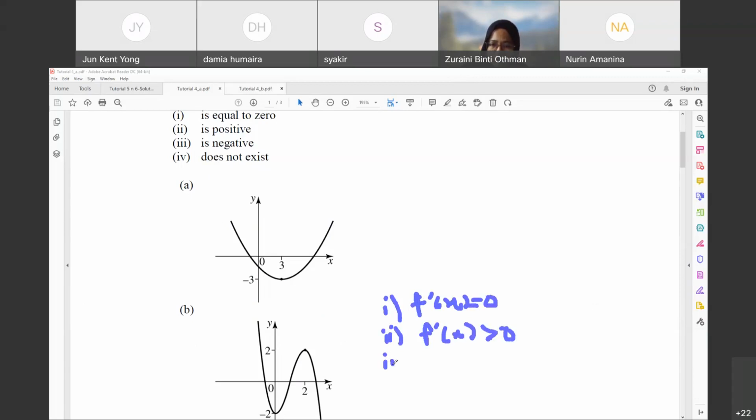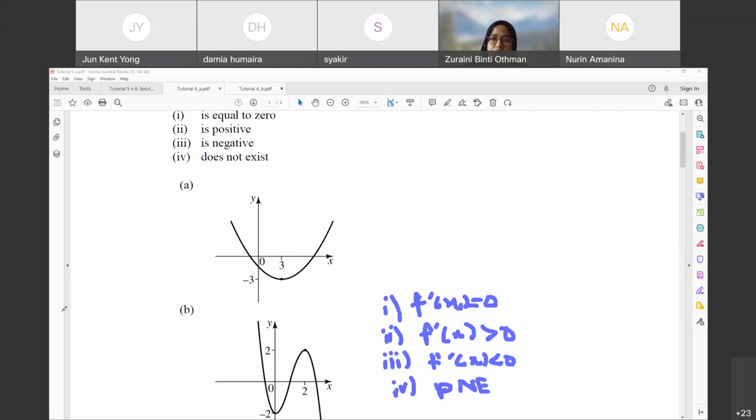And number 3, where is the x when it is negative? The gradient is negative. And number 4, is there any point that the domain does not exist? Ada tak kat mana-mana dia does not exist?